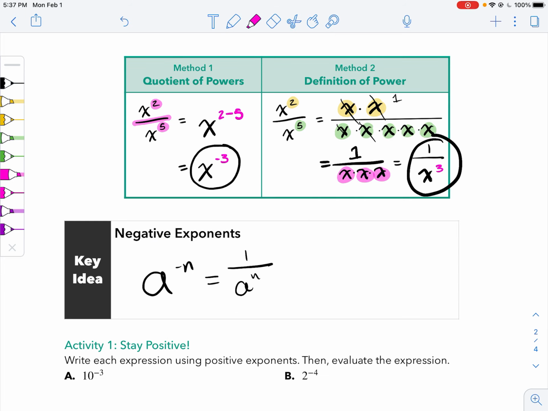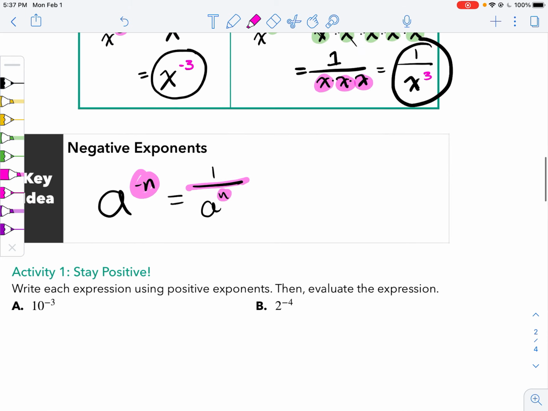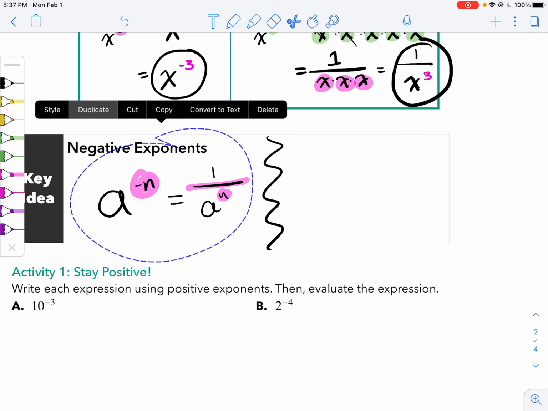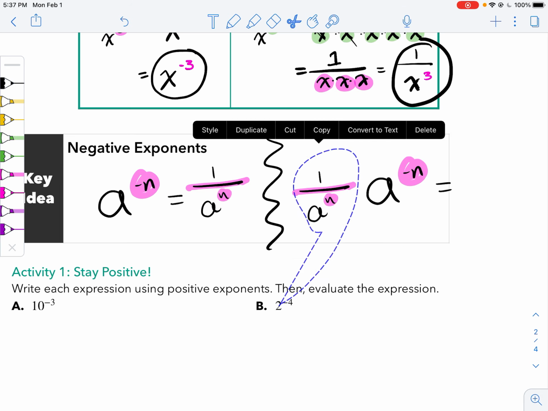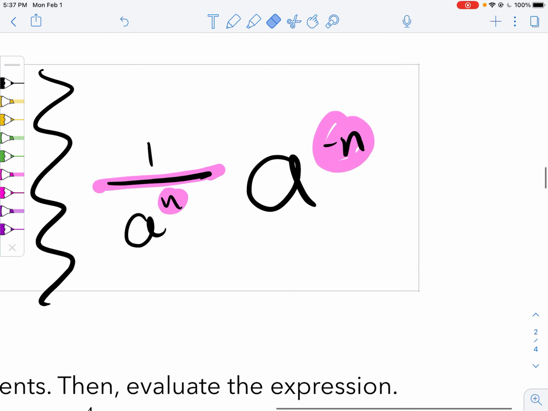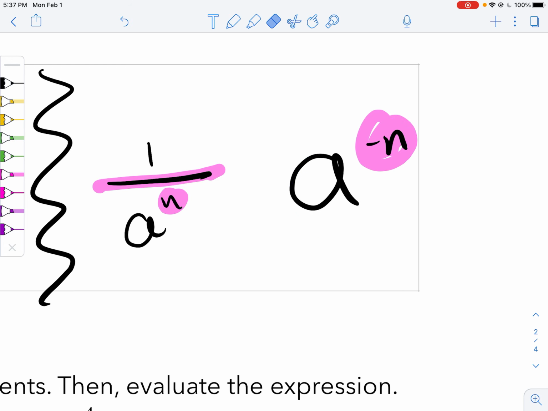So when you see negative n, think minus n. And we can even reverse that too. Let's say we have the same thing, but we switch it around, and we have 1 over a to the negative n.